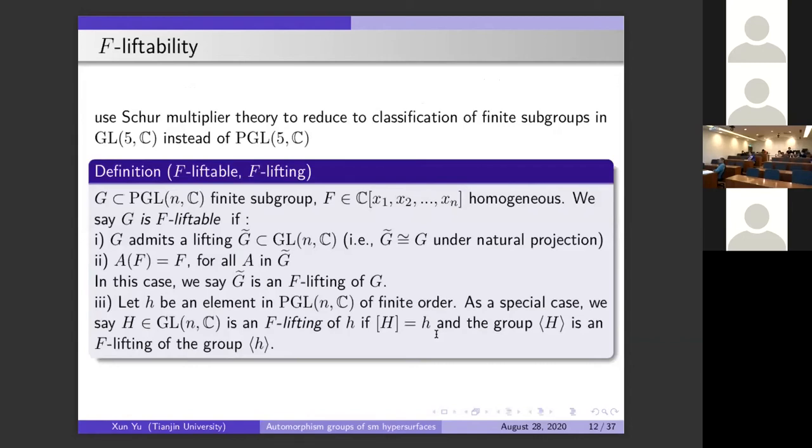Another thing is we want to reduce the classification of finite groups in PGL5 to GL5, because in PGL you have some complication, since two matrices could represent the same element.